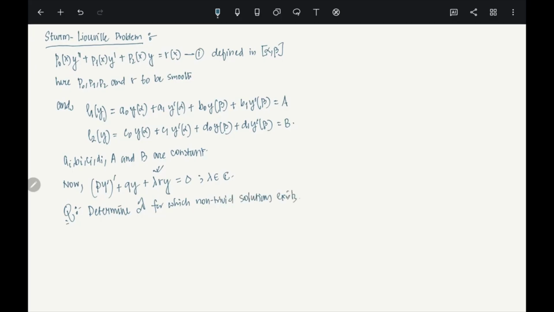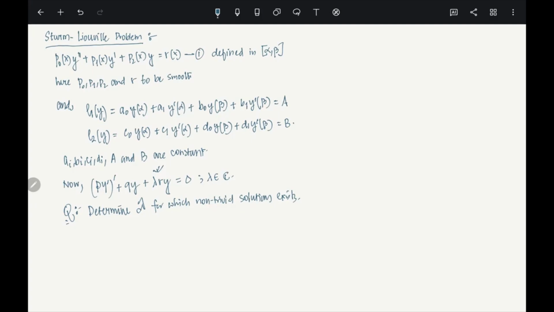It is not only from mathematical physics; even solving some PDEs we are going to need this sort of problem. So this is a very, very important class of problems. These are called Sturm Liouville boundary value problems.